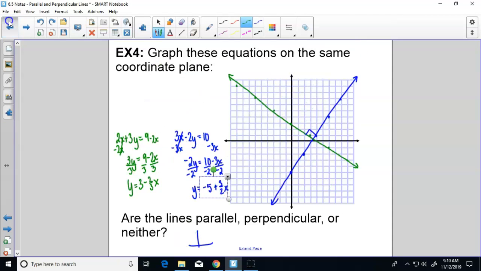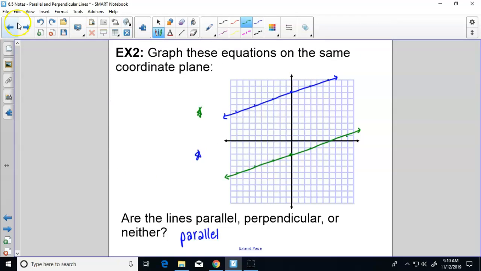And let's look at all of the ones that were parallel. So, parallel lines. But what was the equation for example 2? Y equals, it's on your paper. Okay, and what's the other one?